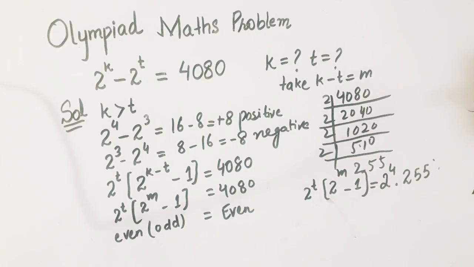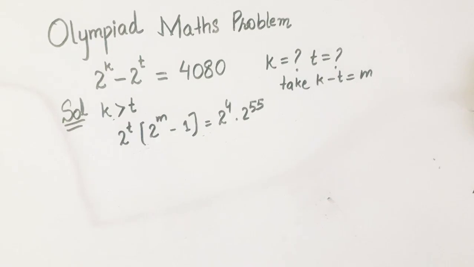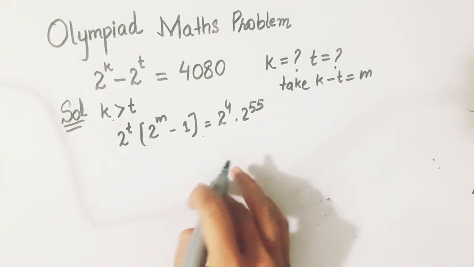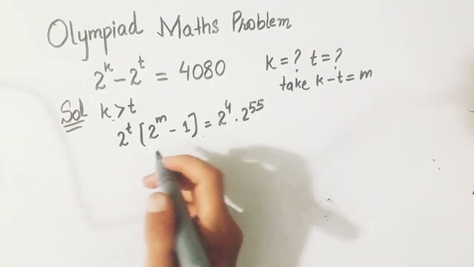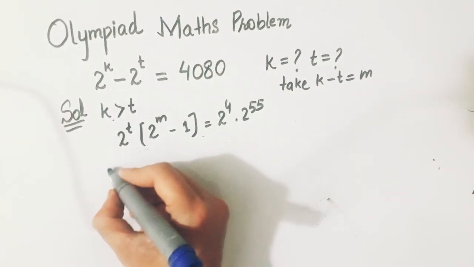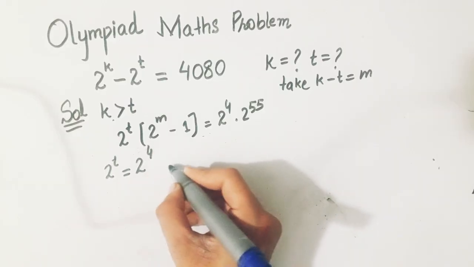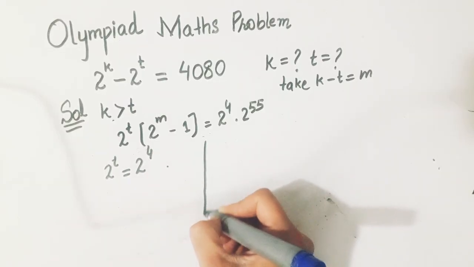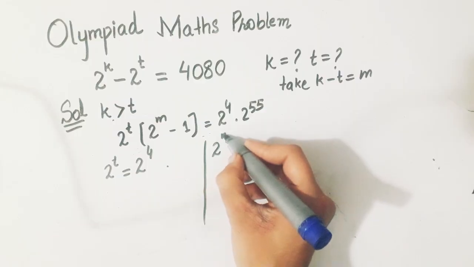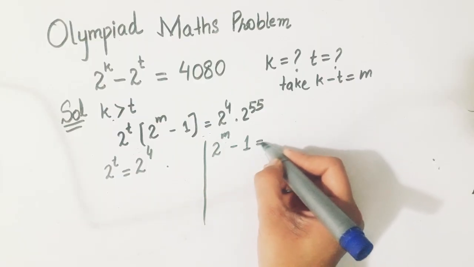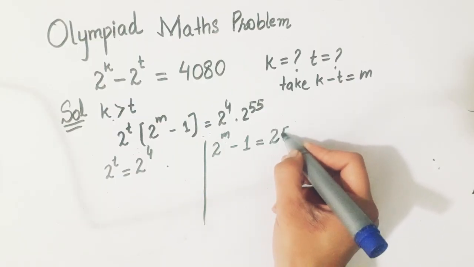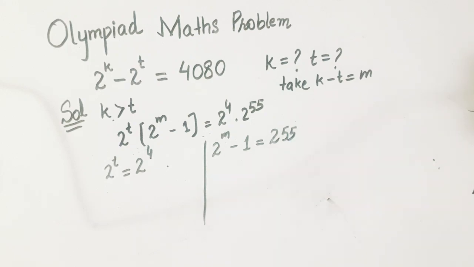Now we will solve this further. Now we will compare both the left hand side and right hand side. So according to that, 2 raised to power t equals 2 raised to power 4, and on the other side 2 raised to power m minus 1 equals 255.